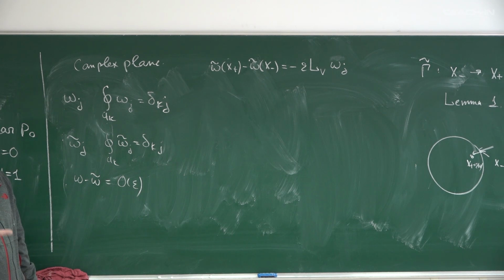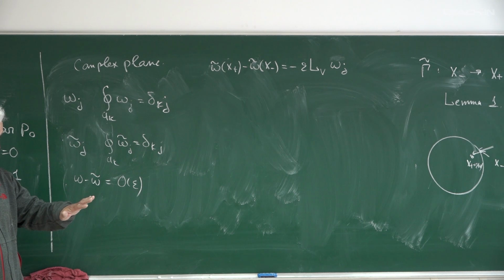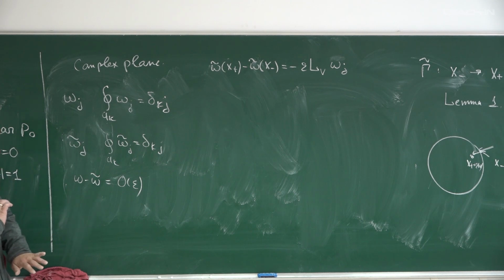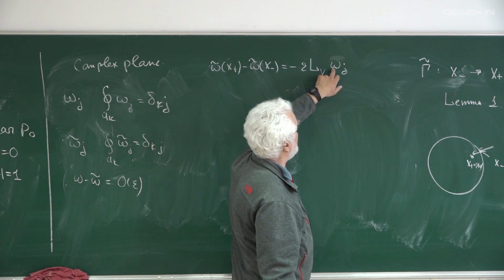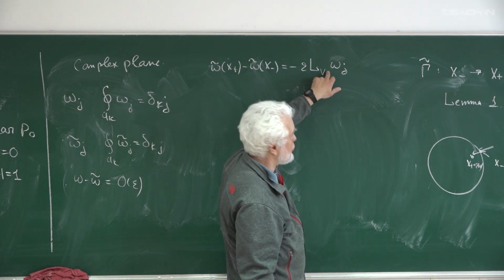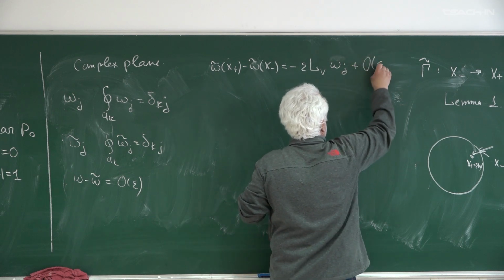We calculate everything to order epsilon and forget about epsilon squared terms. Of course, we can write omega tilde instead of omega, but it will be an epsilon squared correction. If you like, okay.